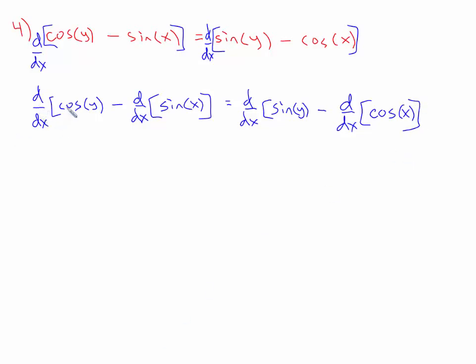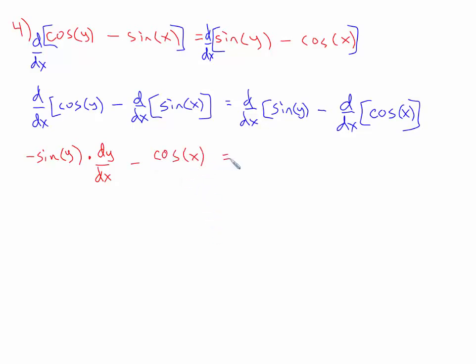The derivative with respect to x of cosine y, we have a y here, so you have to be careful. The derivative of cosine is negative sine of y, and then, since we're taking the derivative with respect to x of something with y, you need the dy/dx. Over here, the derivative of sine x, we have an x here, so that's perfectly fine. The derivative of sine is cosine x.